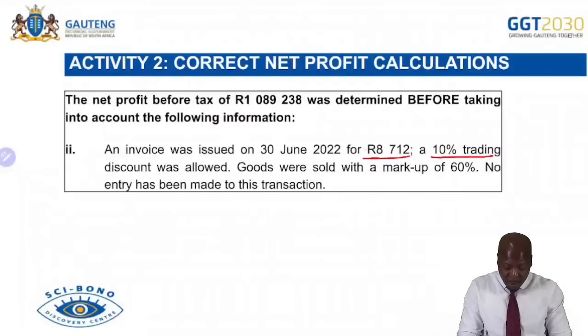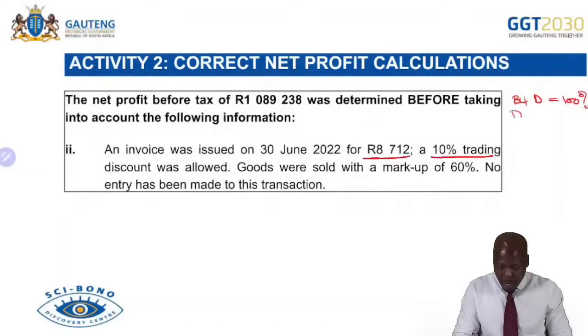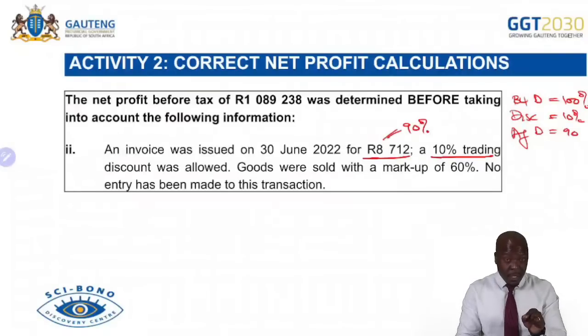If it is after discount, I know that before discount, I was supposed to get 100%. Then there was trade discount of 10%. Therefore, after discount, I'm getting 90. Therefore, it means this 8,712 is actually how much? 90%. That's 90%.